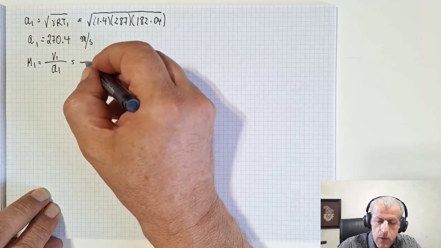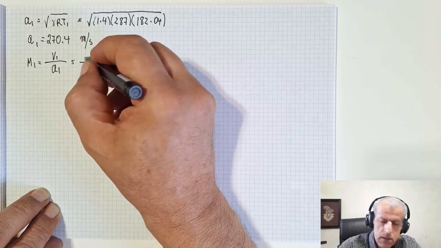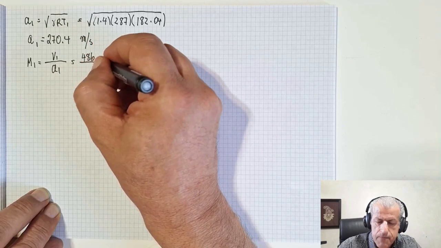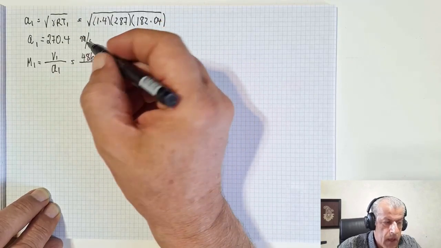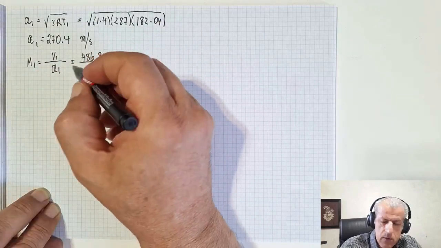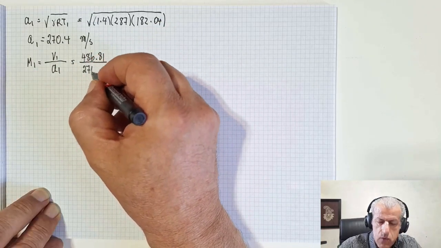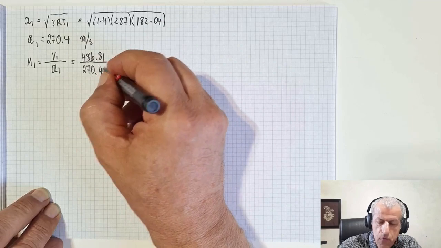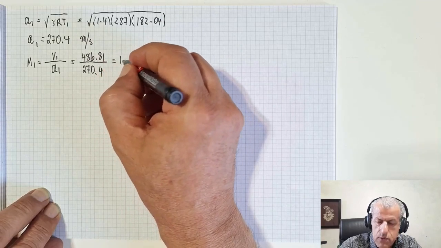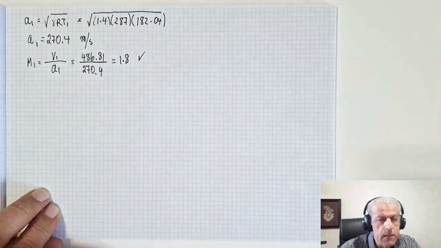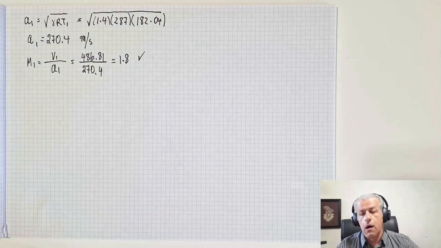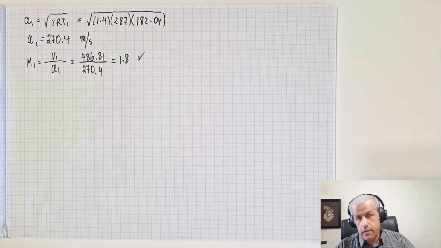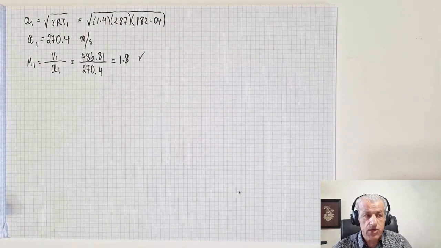The V1 we calculated was 486.81, and A1 we calculated was 270.4, and that equals 1.8. So all our calculations up to here are correct and match.